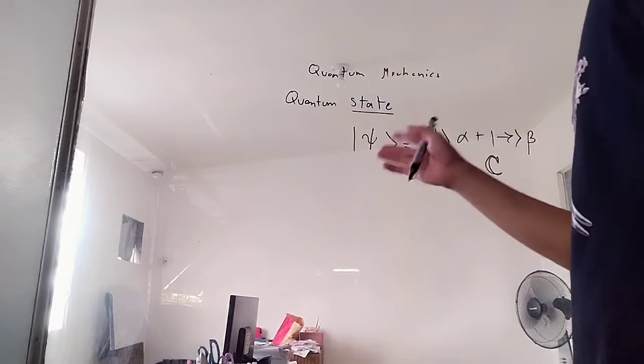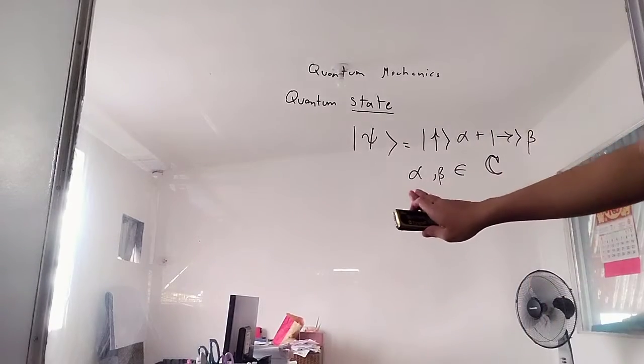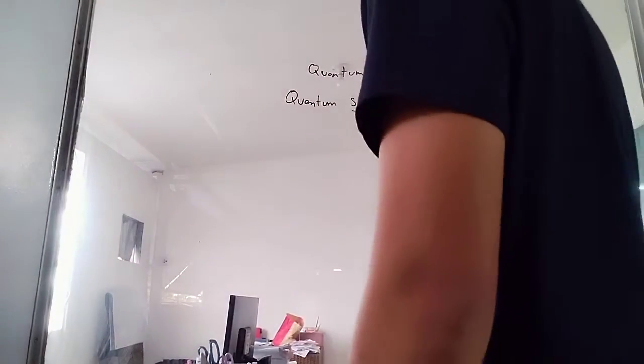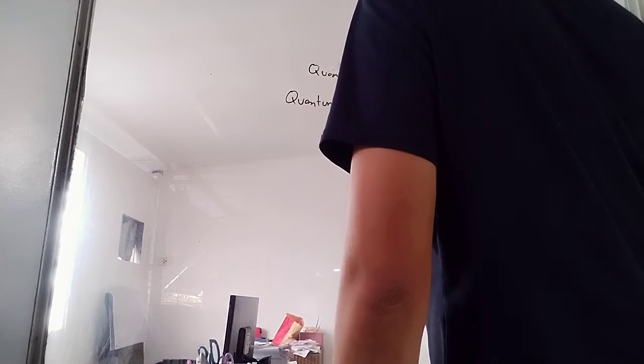These two complex valued functions, alpha and beta, must satisfy Schrodinger's equation, which is E times the state equal to H hat times that state.